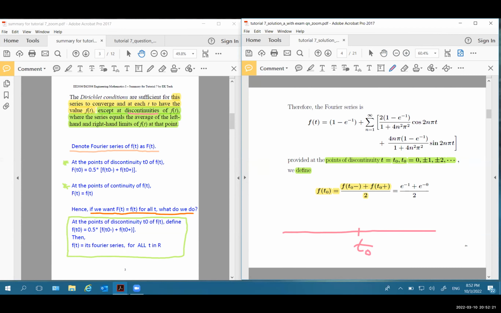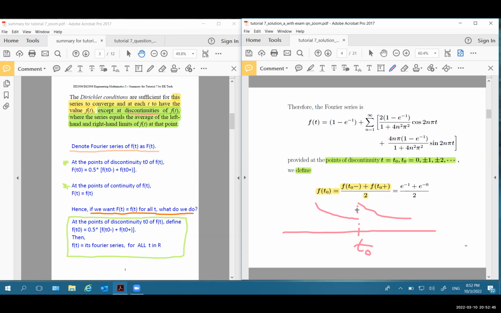So of course you have your function here, maybe until here. And then because it's a point of discontinuity, maybe the function starts from here. Say it's like that.